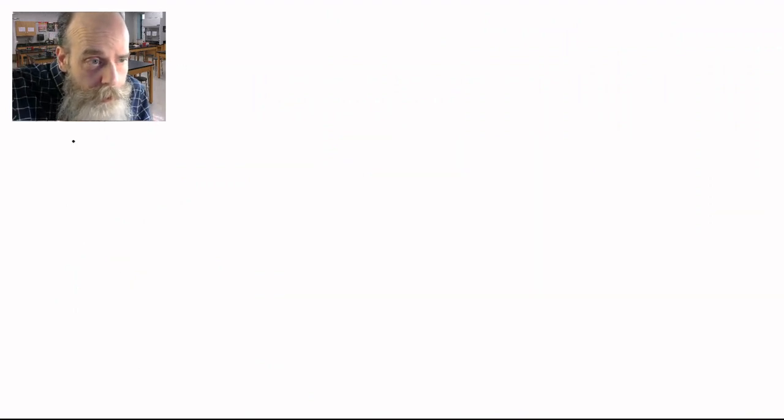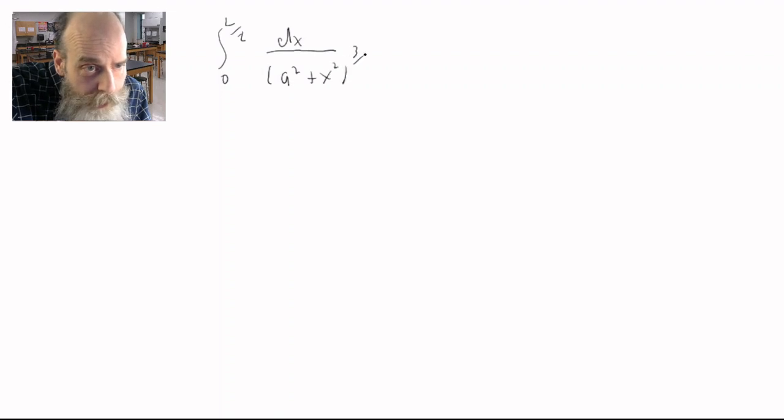So our integral is this. Integral from 0 to L over 2 of dx over a squared plus x squared to the 3/2. To solve this integral, we need to use trigonometric substitution. The way to approach this is to draw a triangle. A right angle triangle.